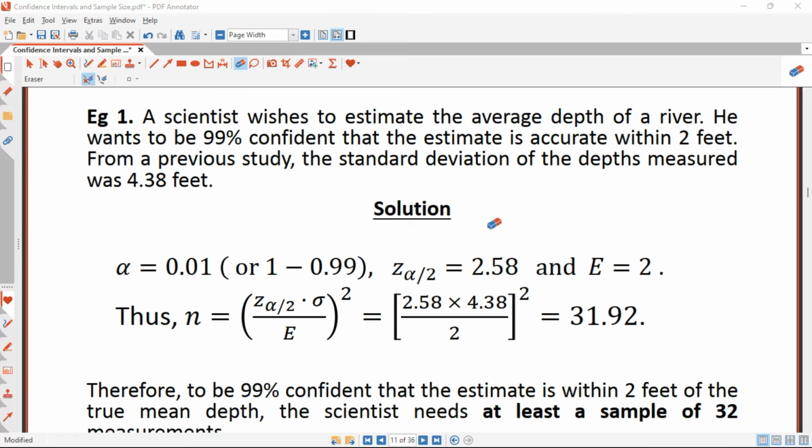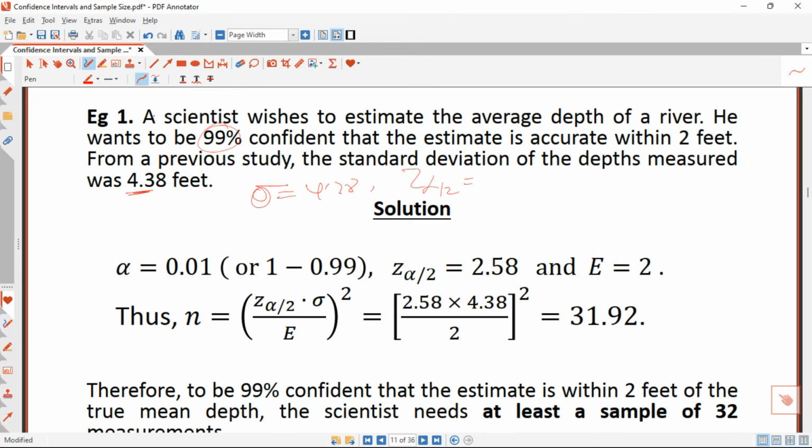The population standard deviation was given inside the question as 4.38. Our confidence level was given as 99%. In my previous video, I taught you how to calculate z subscript alpha divided by 2 when the confidence level is given.